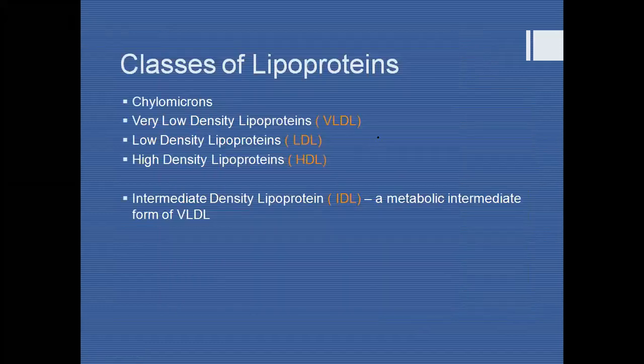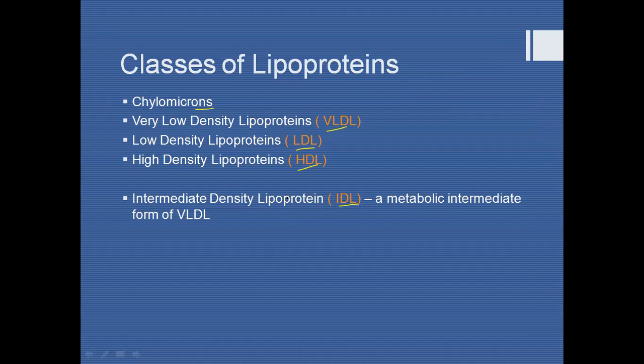Coming to the classes of lipoprotein, or classification, they are mainly divided into five categories: chylomicrons, VLDL or very low density lipoprotein, LDL low density lipoprotein, HDL high density lipoprotein, and IDL intermediate density lipoprotein.